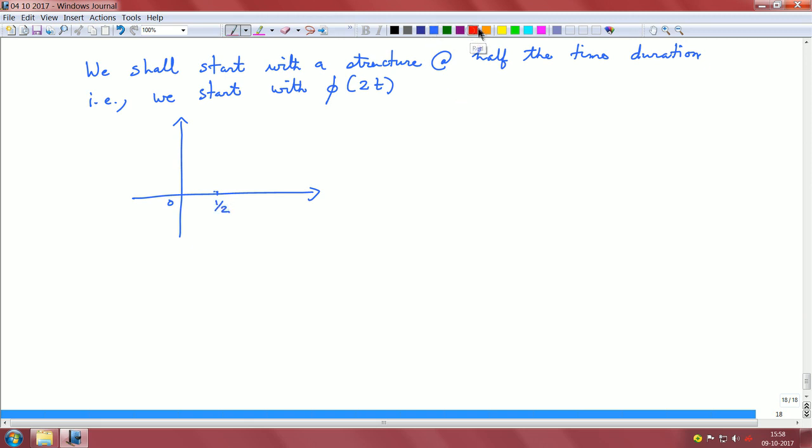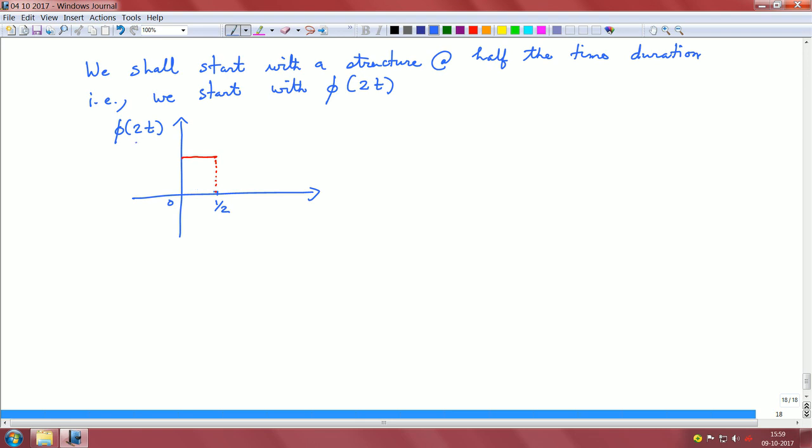Now, phi of 2t is 1 between 0 and half, and it is 0 otherwise. Right, you plug in when t equals half, you plug this into the function. So, you can really see what is happening.